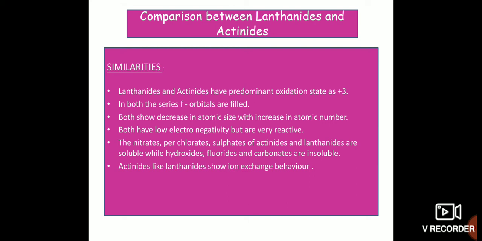So coming to the similar properties, lanthanides and actinides have the predominant oxidation state as +3. In both the series, f orbitals are filled, that is 4f in lanthanides and 5f in actinides. Both show decrease in atomic size with increase in atomic number. Both have low electronegativity, but they are very reactive.